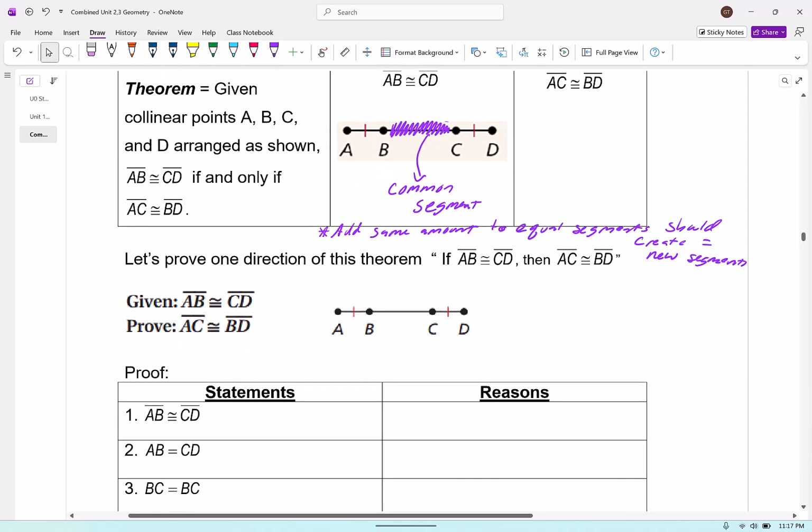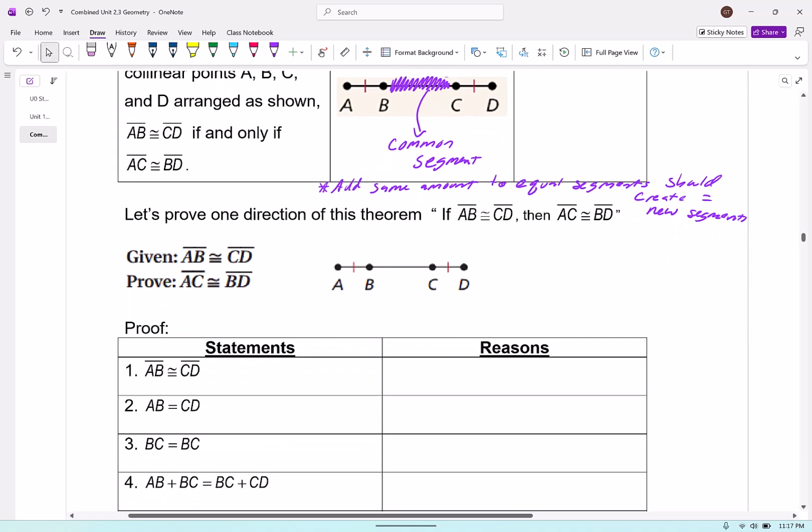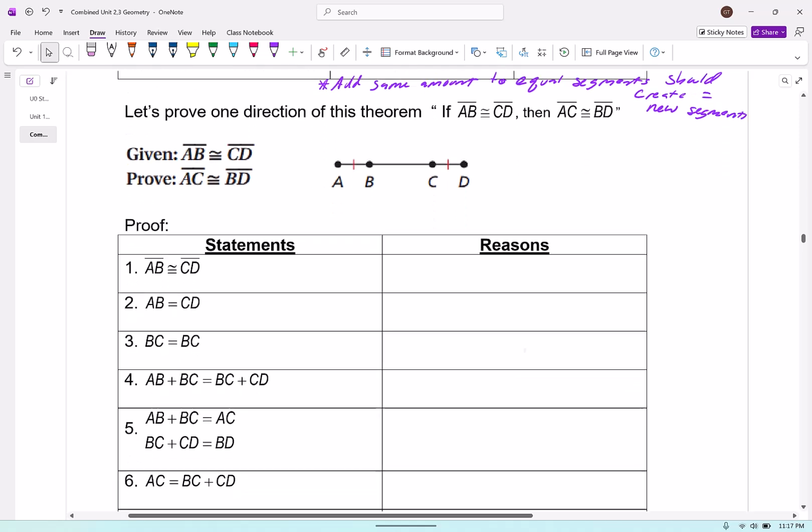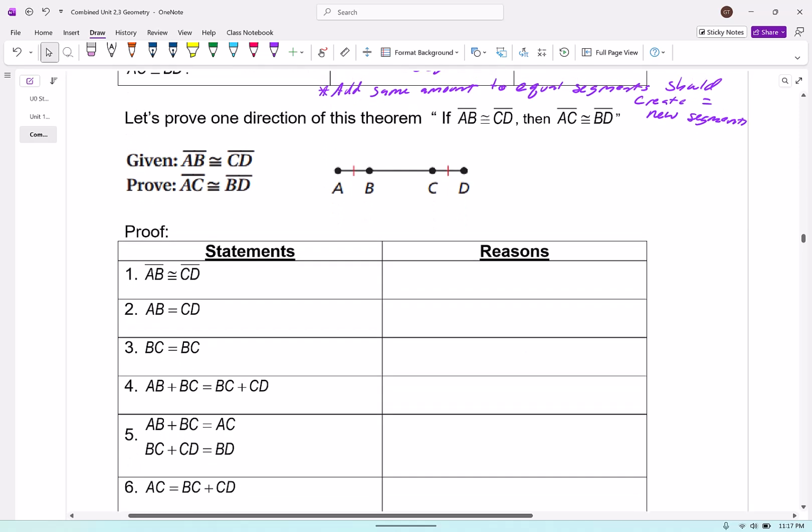All right, so let's prove some of this. So if AB is congruent to CD, then AC is congruent to BD. Let's start there. So we got just a lot of numbers, a lot of letters, and they really should have symbols above them, line segments. But since we're only dealing with line segments, we can conclude that that's what these things represent.